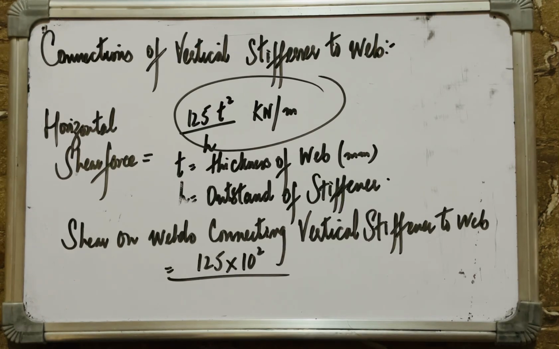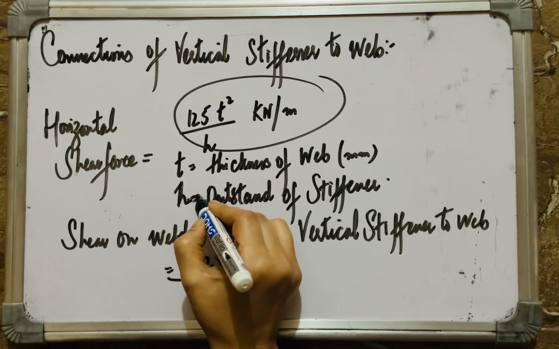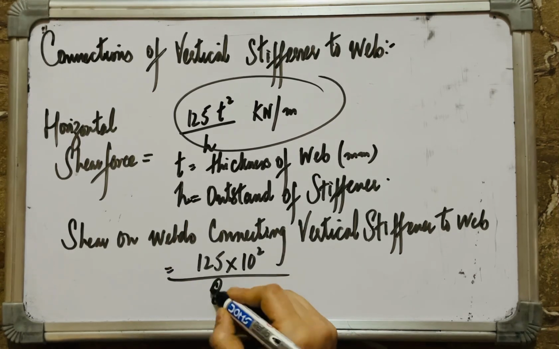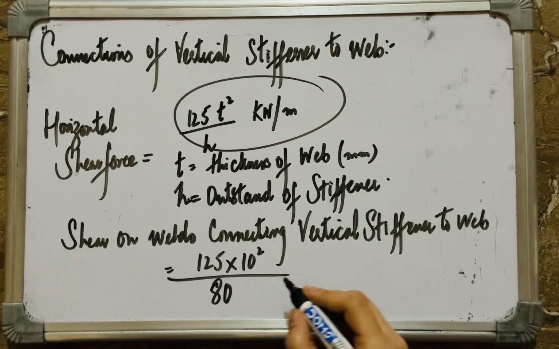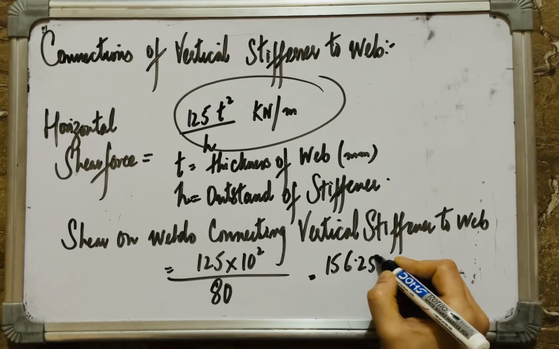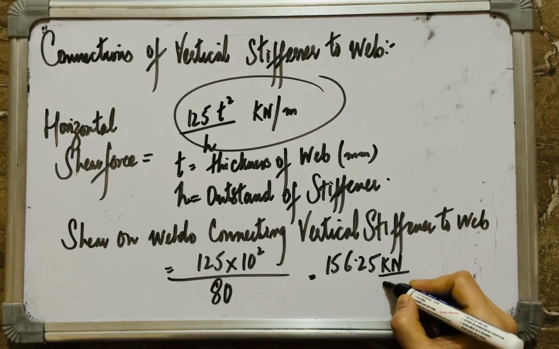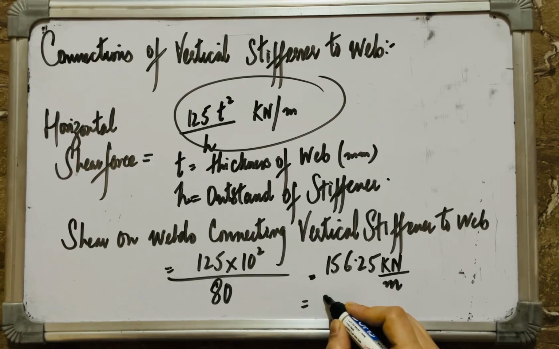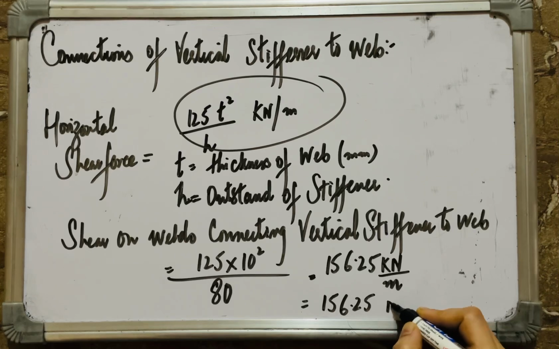H is the outstand of the stiffener. How much is the outstand of stiffener? 80 mm. So by calculations, this is 156.25 kilonewton per meter. Or I may write it as 156.25 Newton per mm.